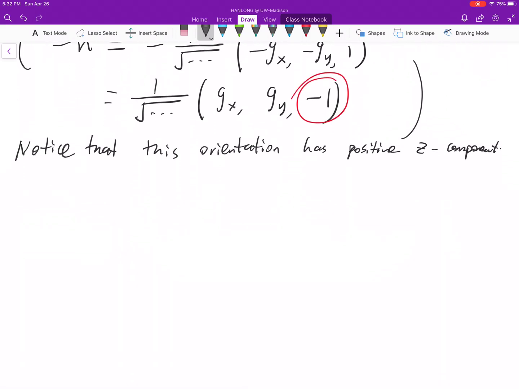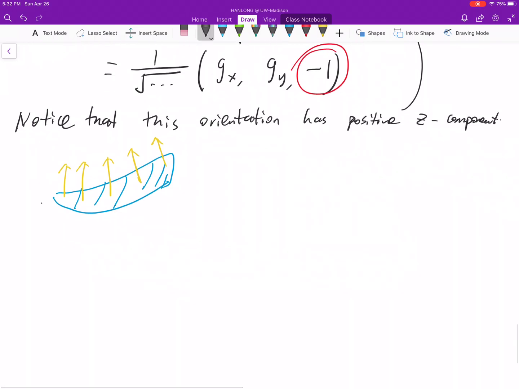In other words, suppose you have a graph, then we always choose the orientation upwards.